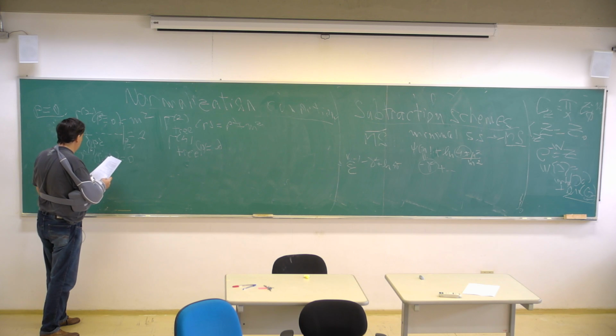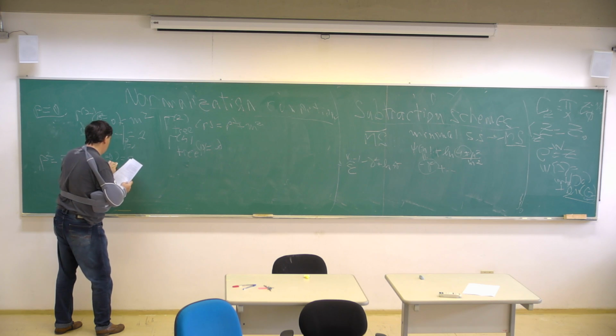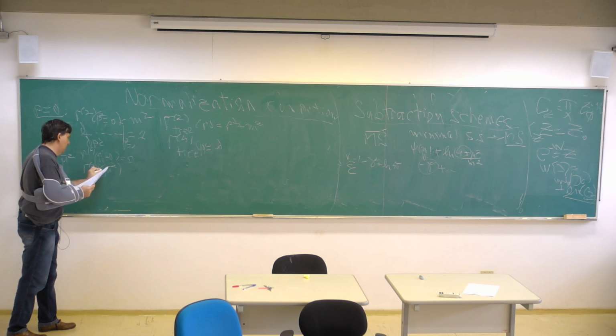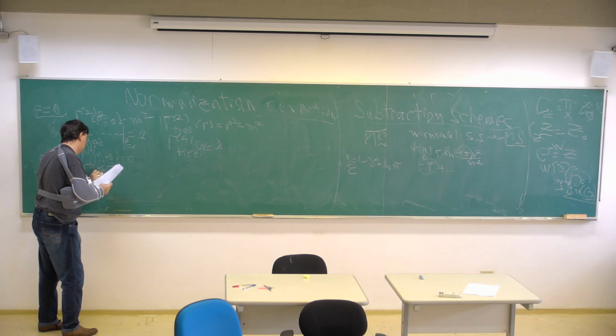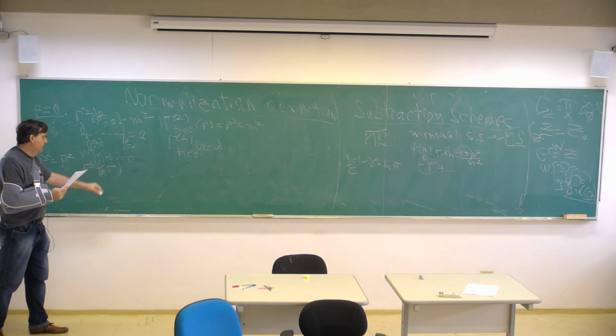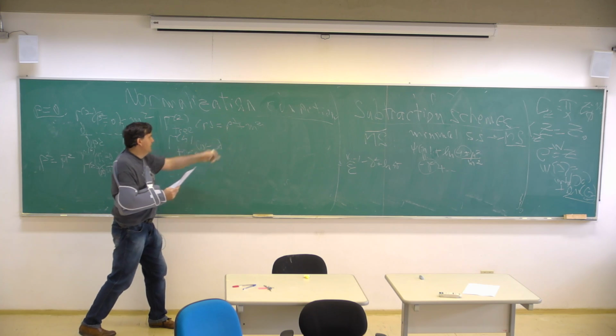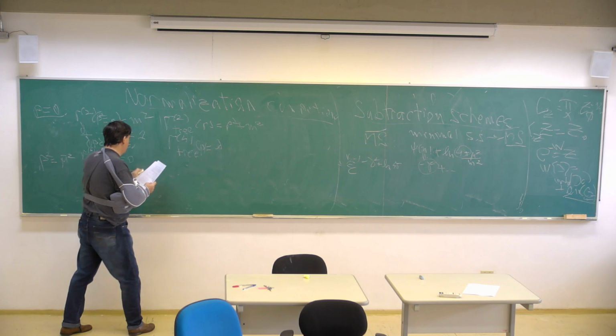So then gamma 2 at P squared equal to mu bar squared is the tree level, that is to say mu bar squared plus m squared.